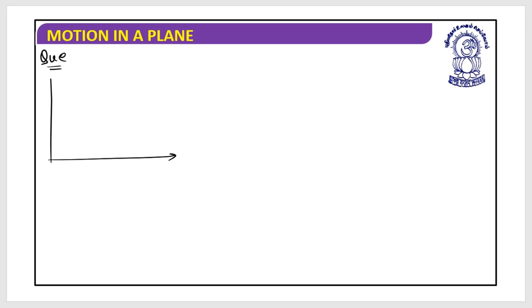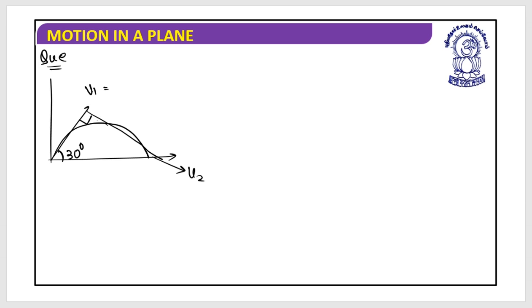So let's have a look. This is velocity v1, and let's say this is velocity v2. This is 30 degrees, this is 90 degrees.